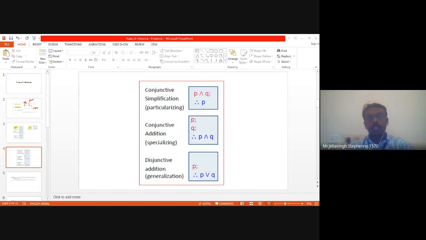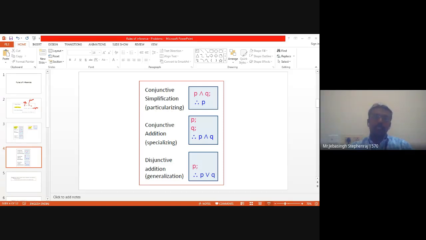Disjunctive addition: for the same P and Q, you can also write P or Q. If P and Q are premises given in the question, you can combine these two atomic statements using the connector AND or OR. With AND it is P and Q, called conjunctive addition. With OR it is P or Q, called disjunctive addition. These are commonly used in rules of inference, and mostly in all the problems we'll be using conjunctive addition and disjunctive addition.